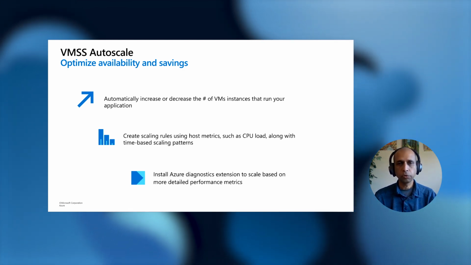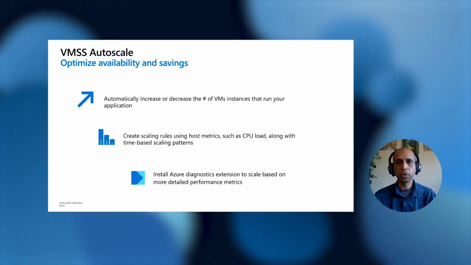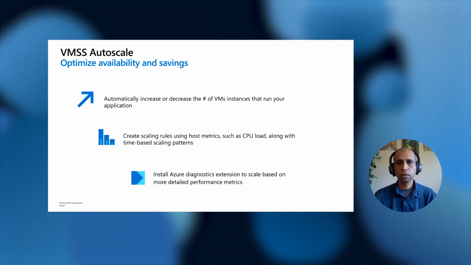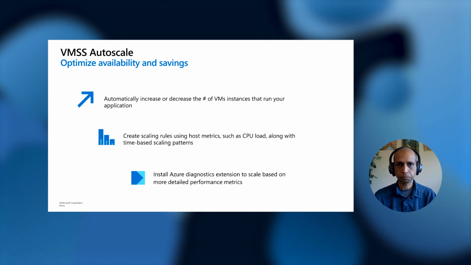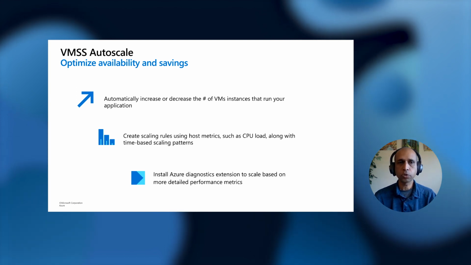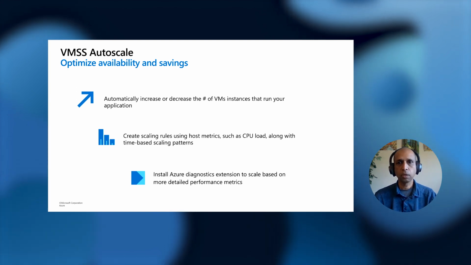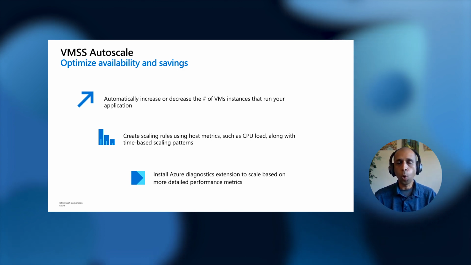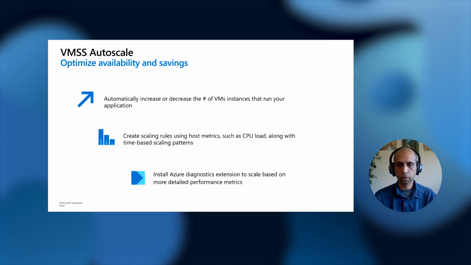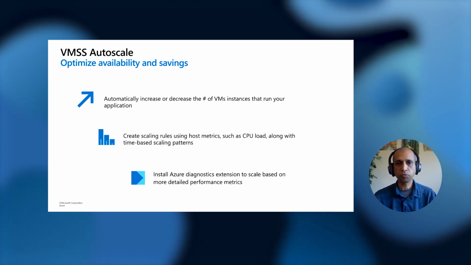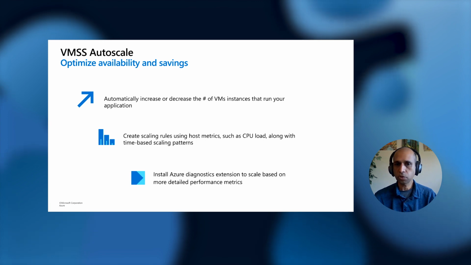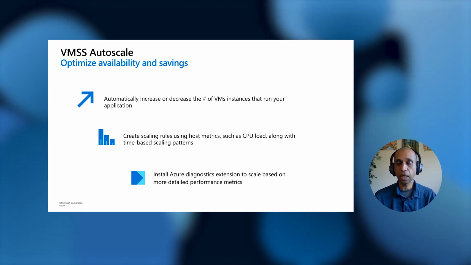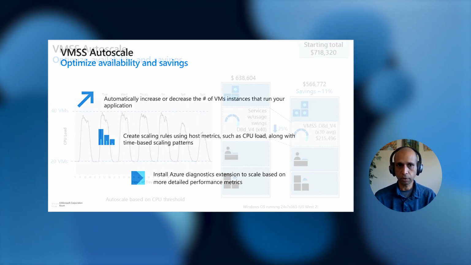With autoscale, you can automatically increase or decrease the number of VMs that your application needs. You can create scaling rules based on metrics, such as CPU load. We also offer a whole bunch of other metrics that you can customize autoscale on. If you need to extend the amount of metrics that you want to use, you could install diagnostics extension and leverage additional metrics if needed.